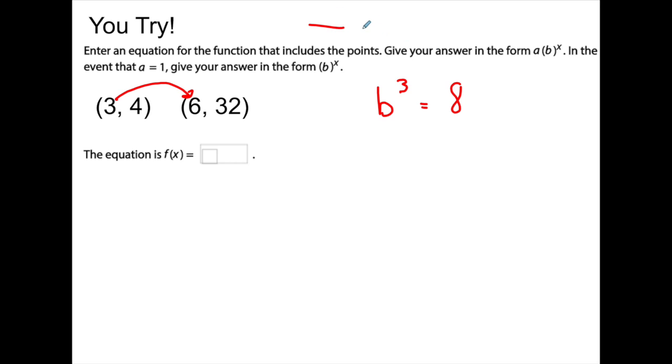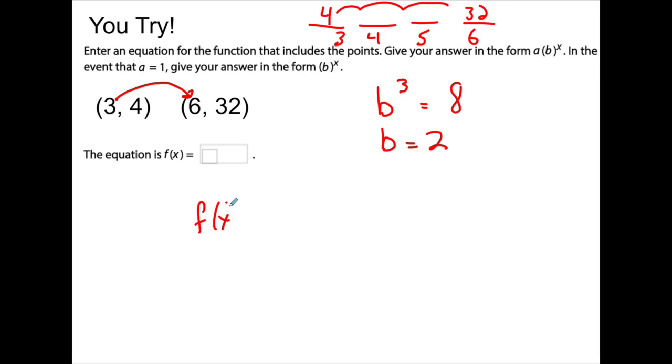So you can imagine again, 3, 4, 5, 6. You have 4, 32. So you had to jump up 1, 2, 3 times. So multiplying, and if you multiply by the same number, that's what the cubing means. So what times itself three times is 8? That will tell you b was equal to 2. We kind of just talked about that.